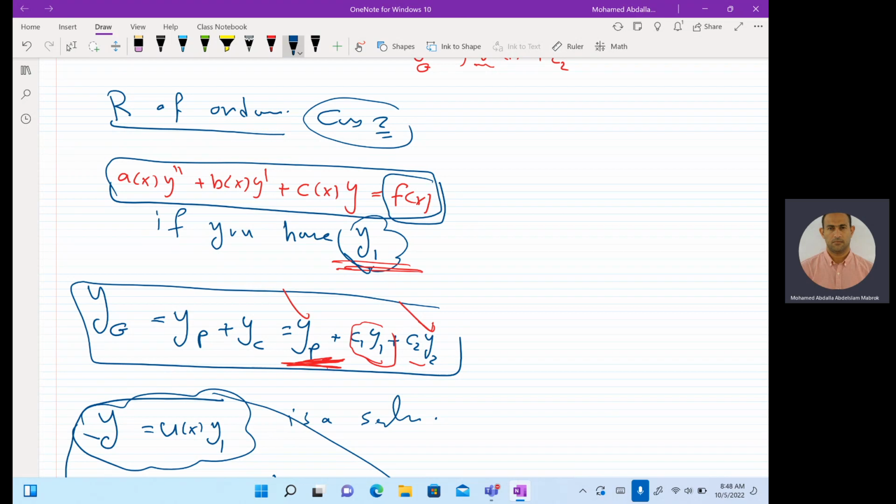You can always do that. If you are doing reduction of order, either case 1 or case 2, you can always get yb for free, or leave it for now and then come back and use variation of parameter.